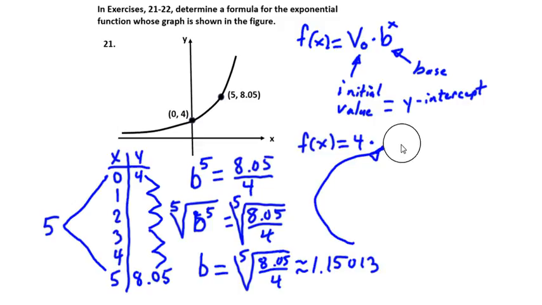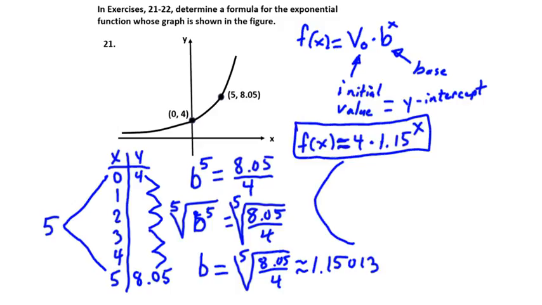And so I'm going to put in 1.15. That's how the book rounded it. And so we would say f of x or y equals 4 times 1.15 to the power of x. And so we're going to box that in as our correct answer. We could put y equals also, that would have been fine.